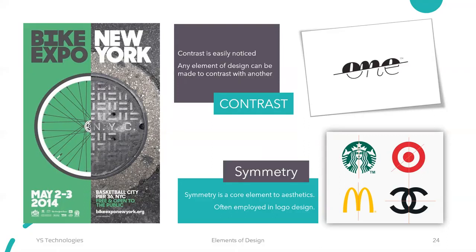Symmetry is highly used in logos, as you can see here. Of course, the most symmetrical object would be the circle or a sphere, which tends to be at least a frame for many of the logos.